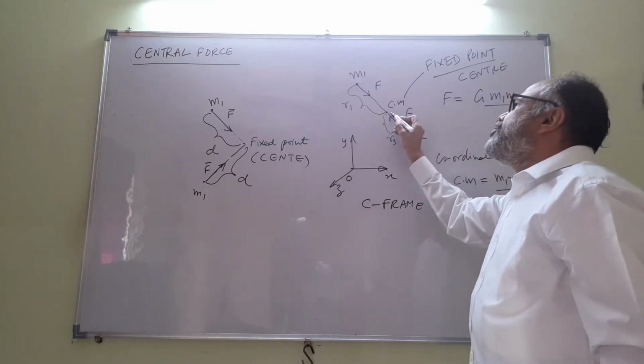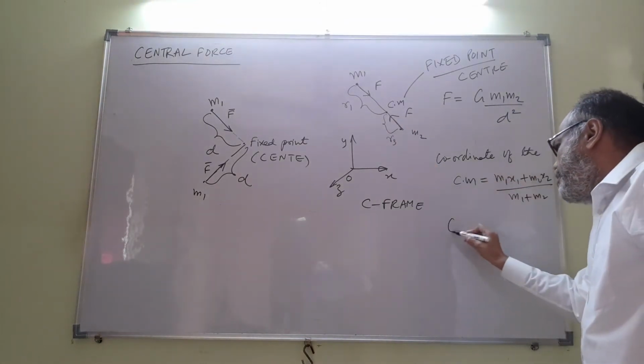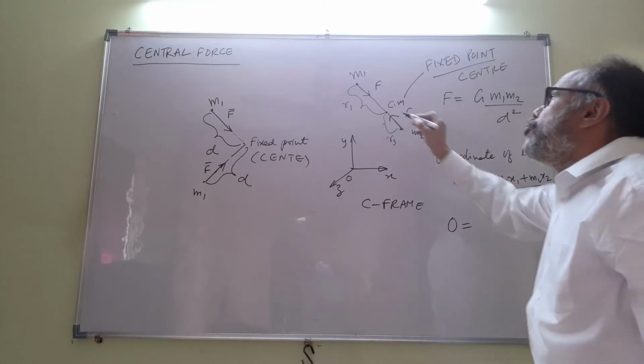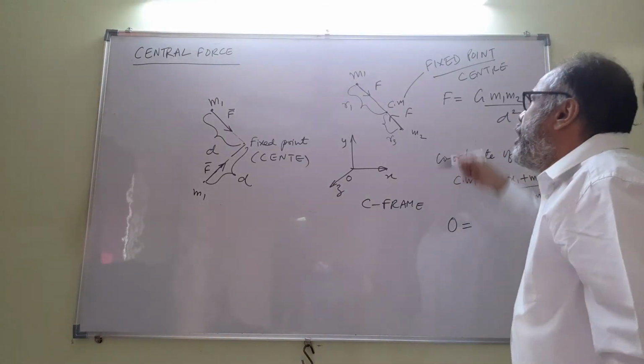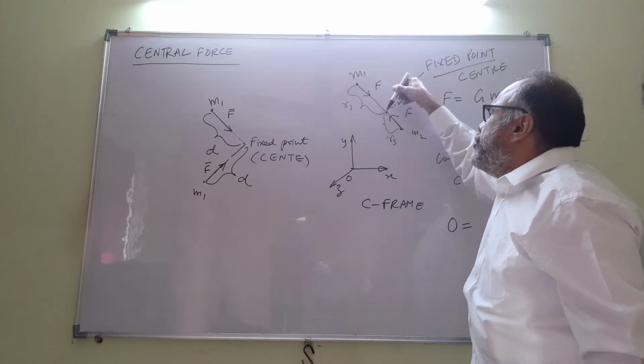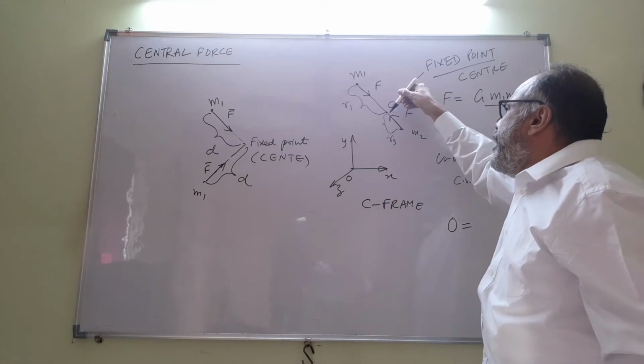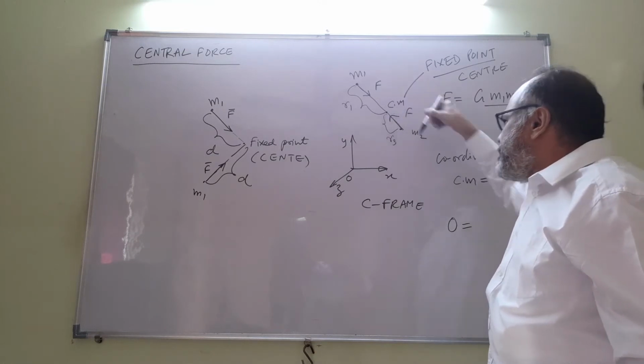Now, if you choose the center of mass as the origin, the coordinate of the center of mass would be 0, and you can take r1 as minus r1, because it is to the left of the center of mass, and r3 as plus r3.